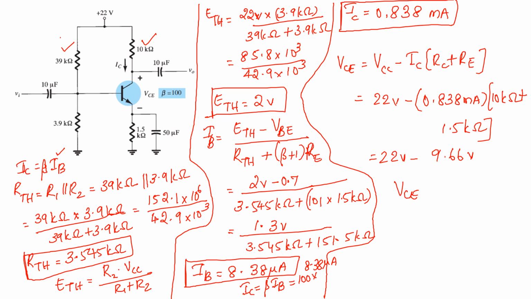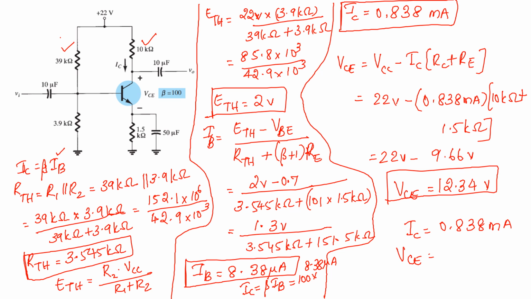So VCE is equal to 12.34 volt. So you have got the value for IC and VCE. IC is equal to 0.838 milliampere and VCE is equal to 12.34 volt.